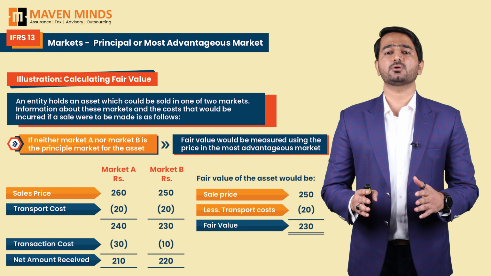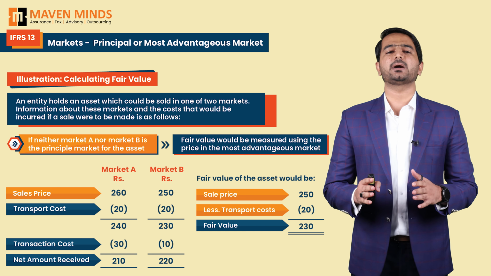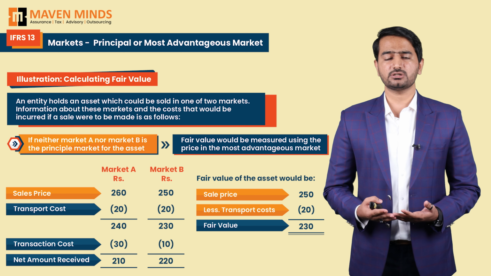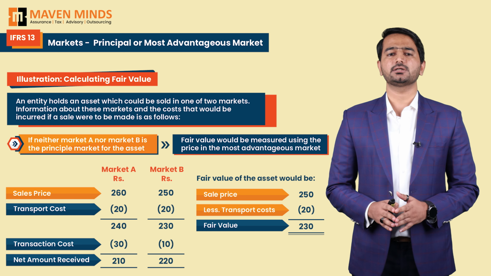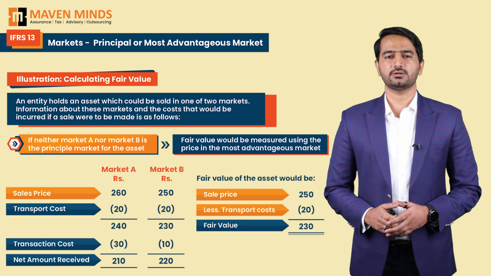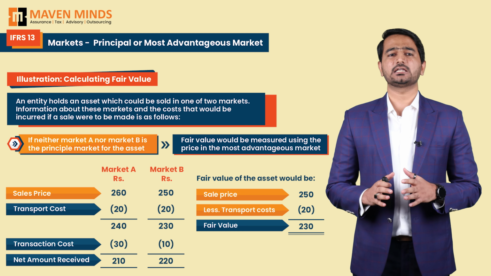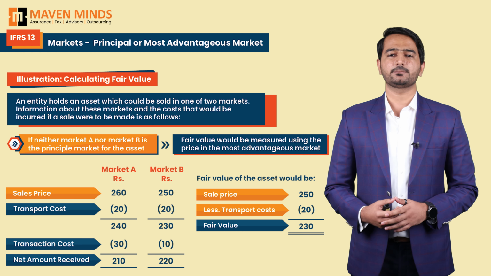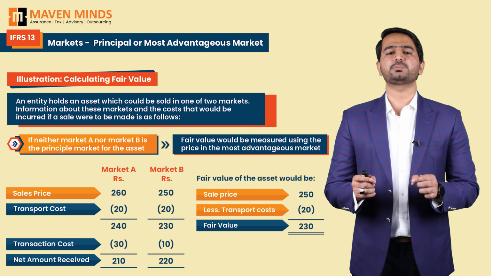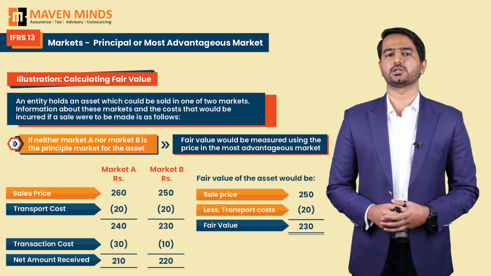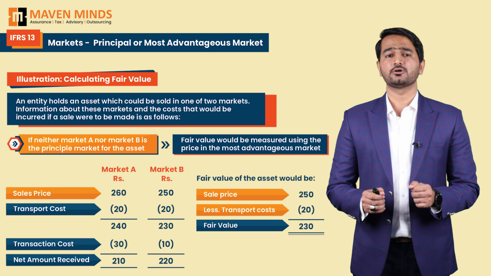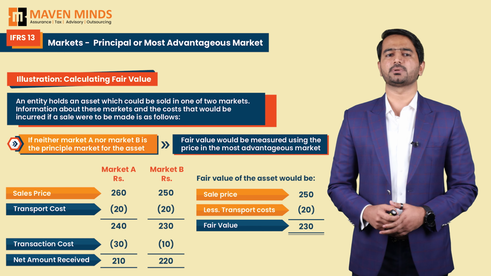Transaction costs are only deducted if required by the relevant accounting standard, while transportation costs are typically deducted to reflect the true market value. In this lecture, we have explored the difference between the principal market and the most advantageous market, and how each plays a role in determining the fair value. Understanding which market to refer to is crucial for accurate fair value measurement.